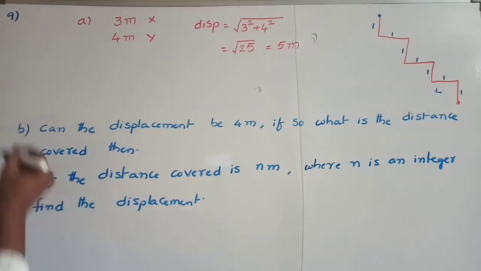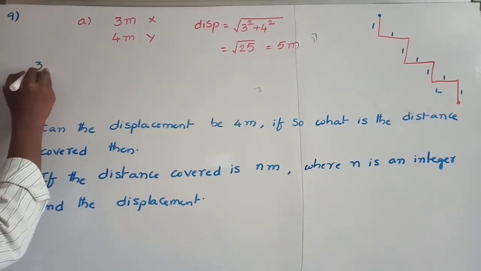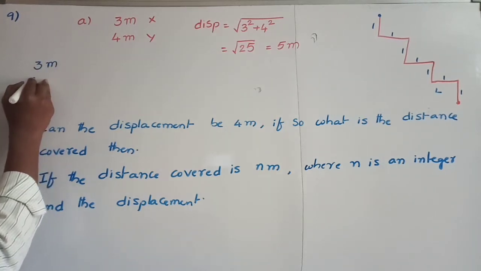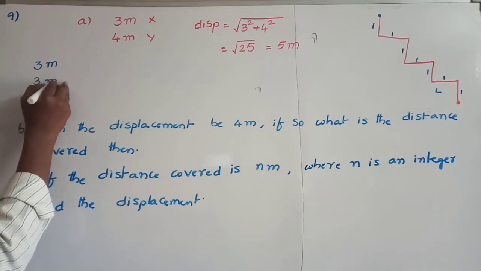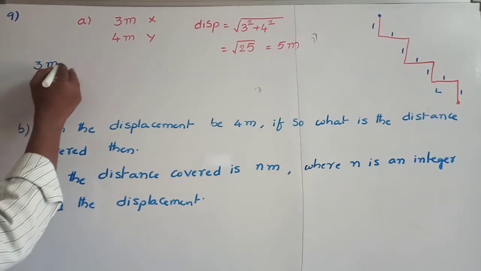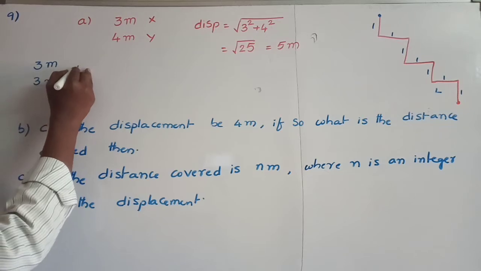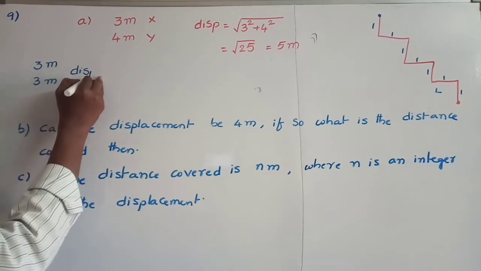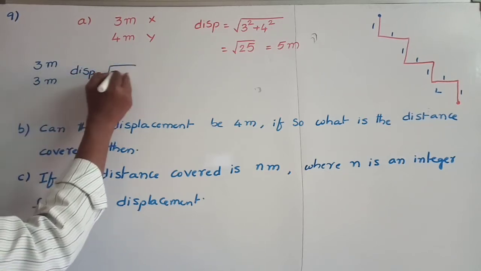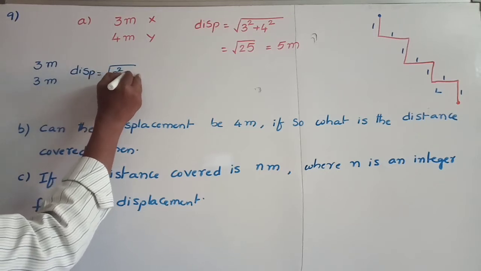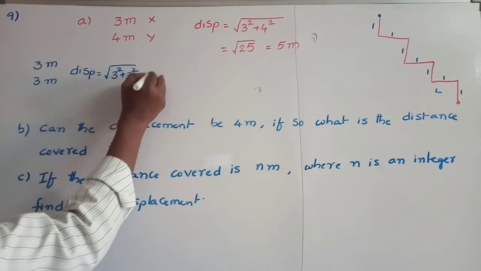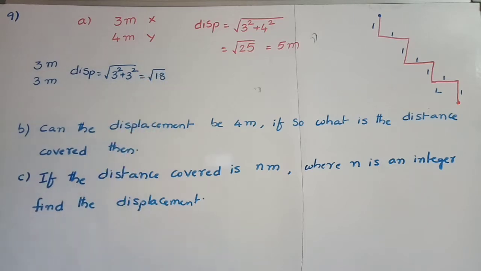Suppose we travel 3 meters along x direction and 3 meters along y direction, then what is the displacement? In this case, displacement is equal to root over 3 square plus 3 square, which is equal to root over 18. So root over 18 is greater than 4.